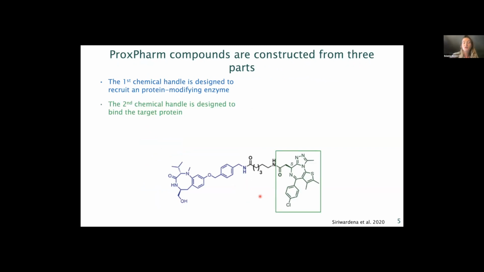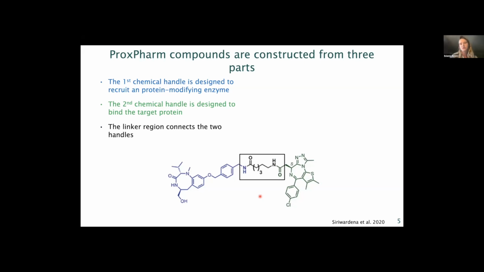Then a small molecule that binds a target protein, and then we connect these with a linker region. This linker is very influential because different lengths can cause different activities of these PROTACs or ProxPharm compounds, but the composition of these linkers is also very important.